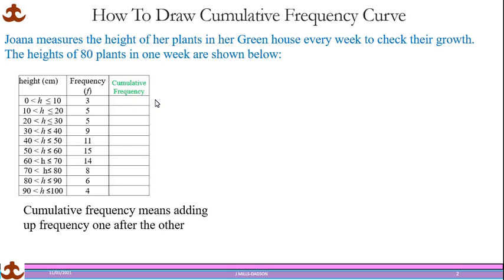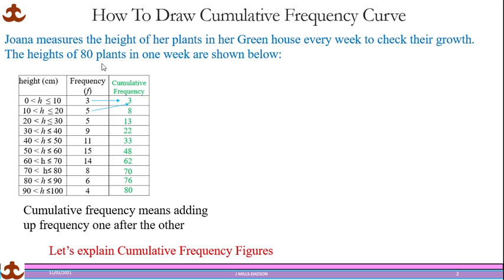So the first frequency you see is 3, you put it down, and you keep on adding the next one after the other. So you add 5 to 3, that will give you 8, then you add 5 to 8, and so on. So this is what you have after adding one after the other. And like I said, the total should give you exactly the number of plants that you have.